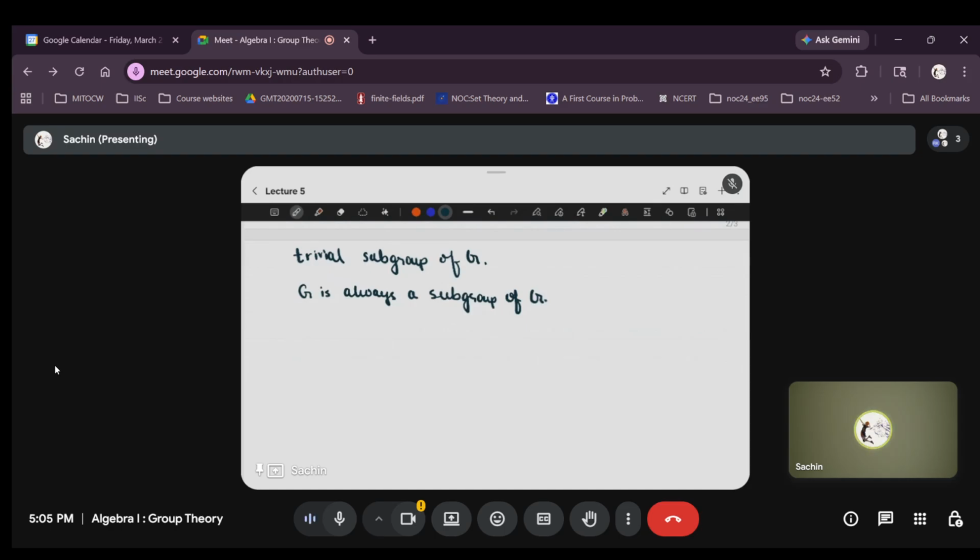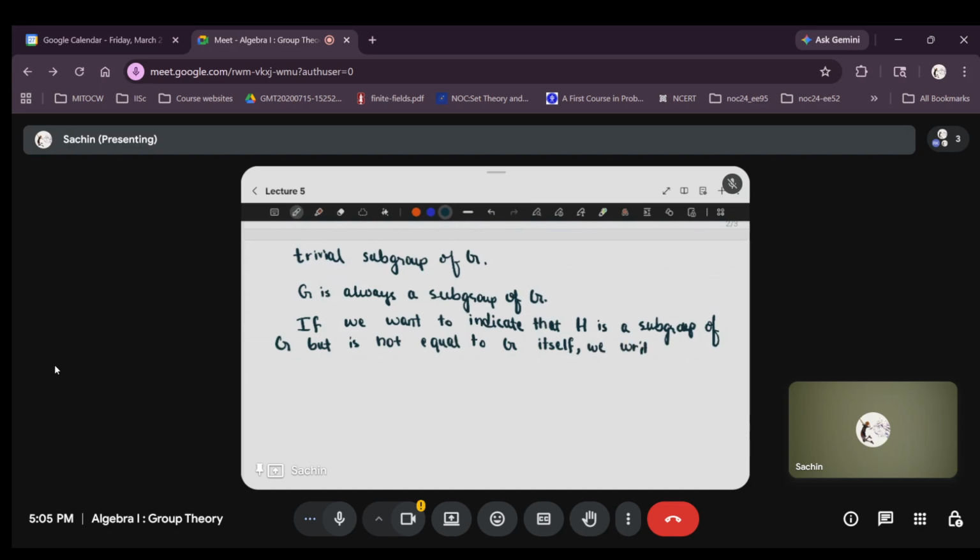Now, if we want to indicate that H is a subgroup of G but is not equal to G itself, we write H < G. Such a subgroup is called a, what do you think it is called?